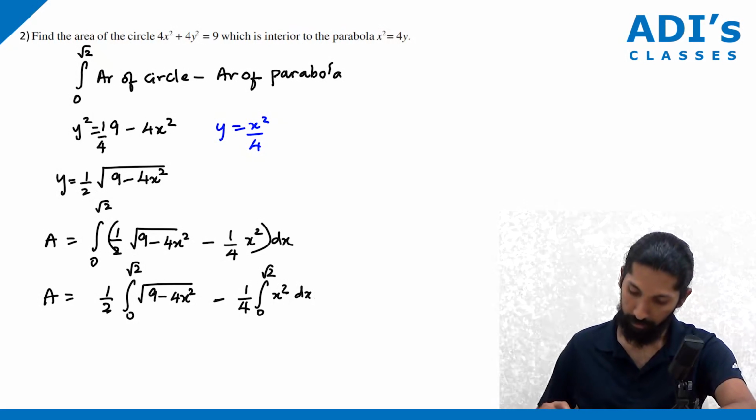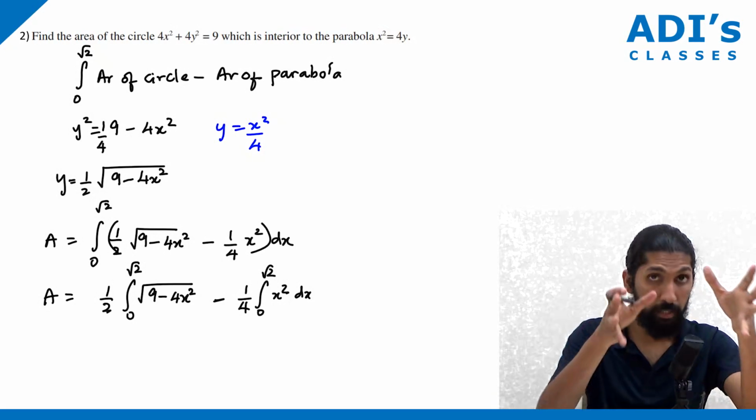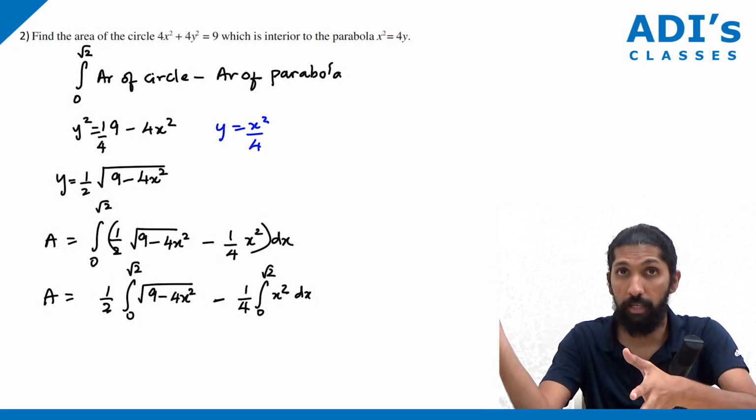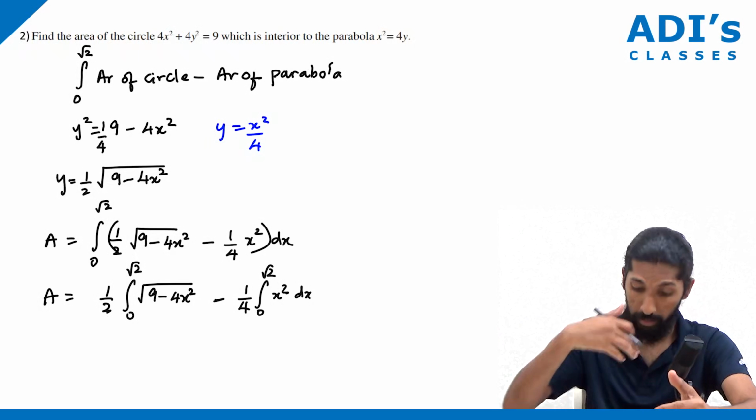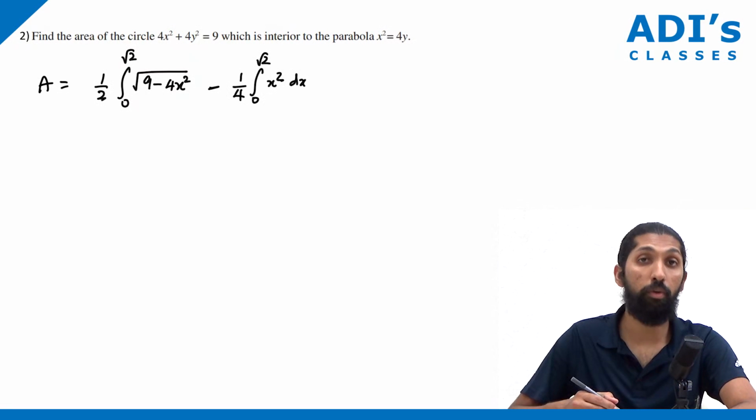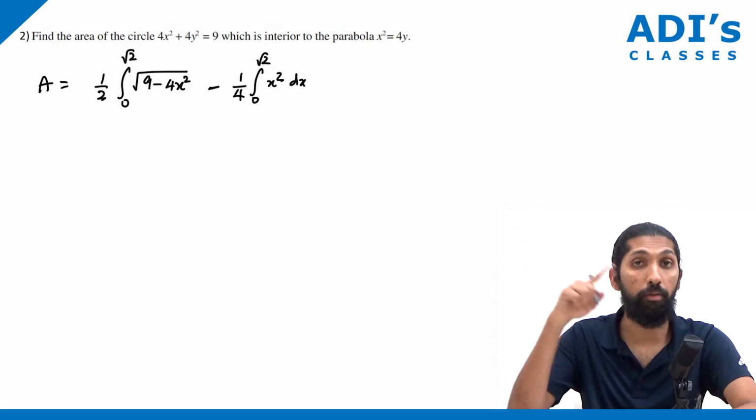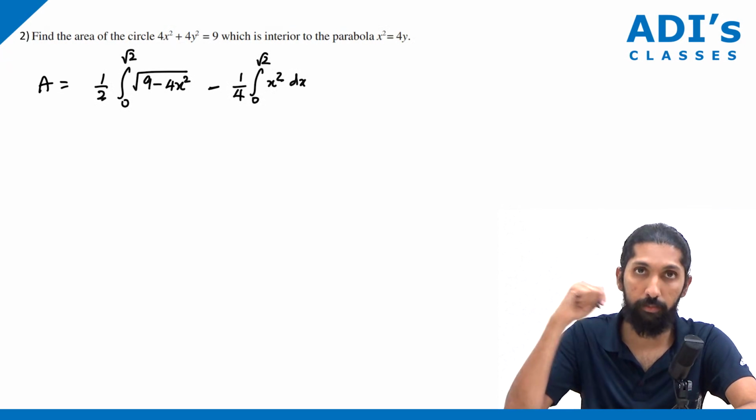Fair enough? Now, the first part is the root of a square minus x square formula, correct? Let's apply that now. What is the integral of root of a square minus x square? We have x by 2 into root of a square minus x square plus a square by 2 sine inverse of x by a, correct?